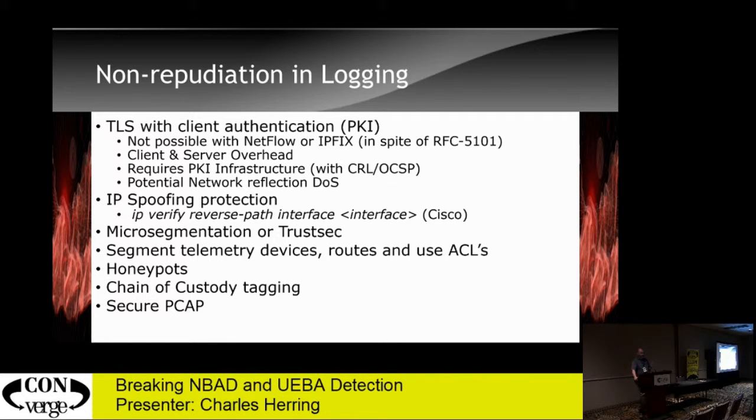Another way of dealing with it is putting your telemetry that's used in evidence collection in a segmented part of the network, either through microsegmentation or through Cisco TrustSec, which offers frame modification for validating delivery of data. Honeypots are another good way, and there's commercial deception technology like TrapX, a good example of this, where you spin up tripwires throughout the network that have no valid purpose.